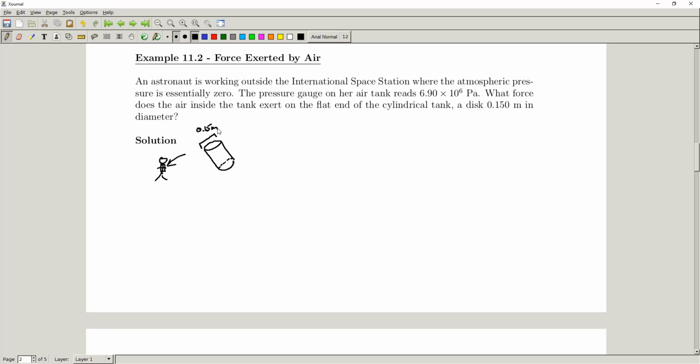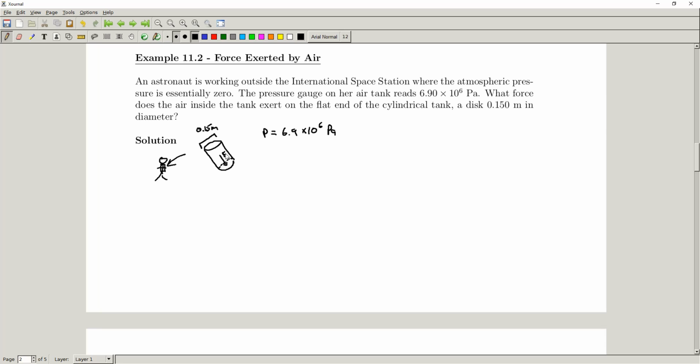And we're also told that the pressure inside this tank is 6.9 times 10 to the 6 pascals, okay? All right, and so we want to find the force that is experienced by, let's say, this interface. What's the force exerted on this end of the cylindrical tank?